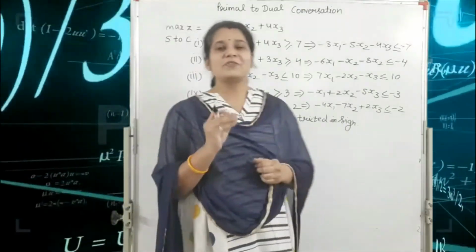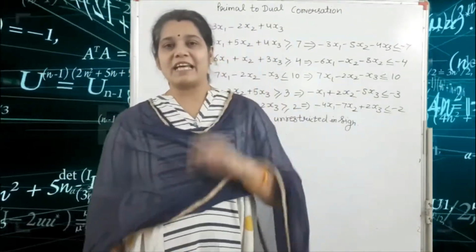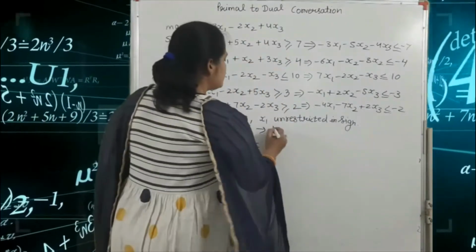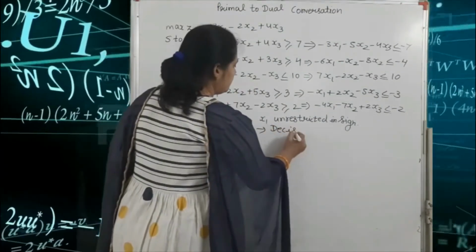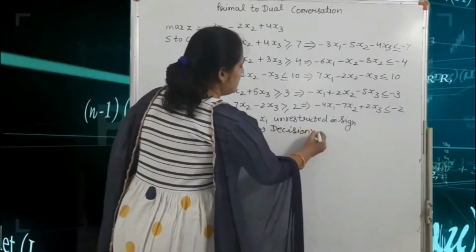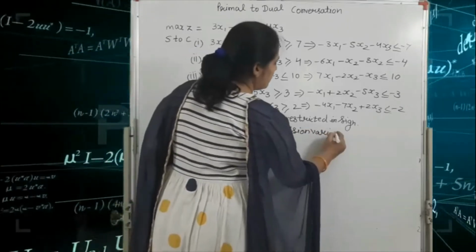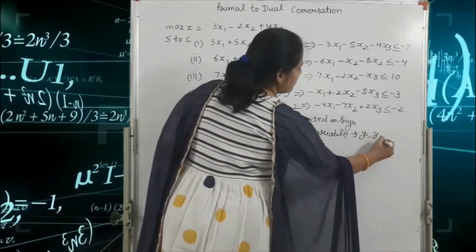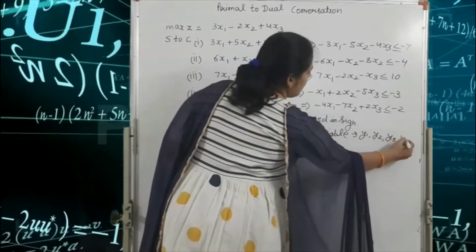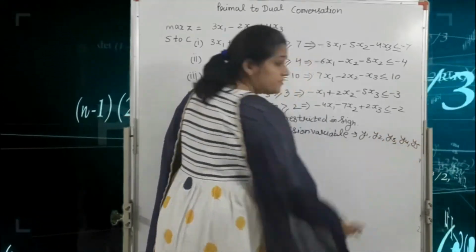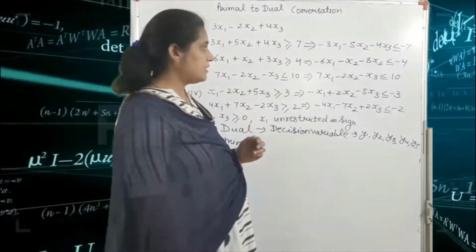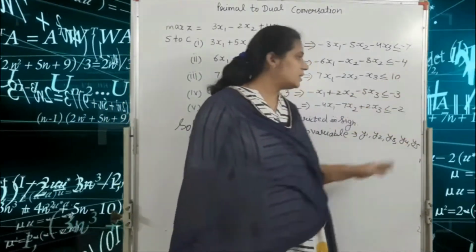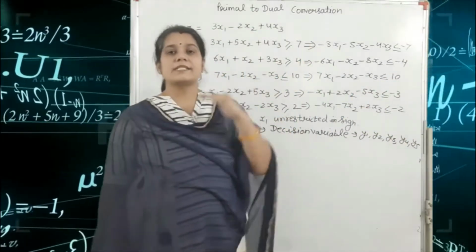Okay, so first you write here the decision variables. We consider a total of 5 decision variables: y1, y2, y3, y4 and y5. Why do we write 5 decision variables? Because we have 5 subject to constraint equations.